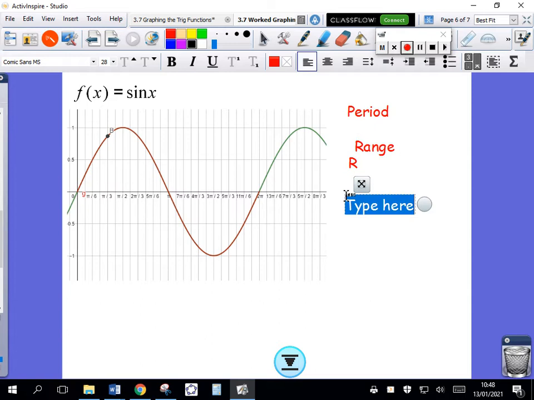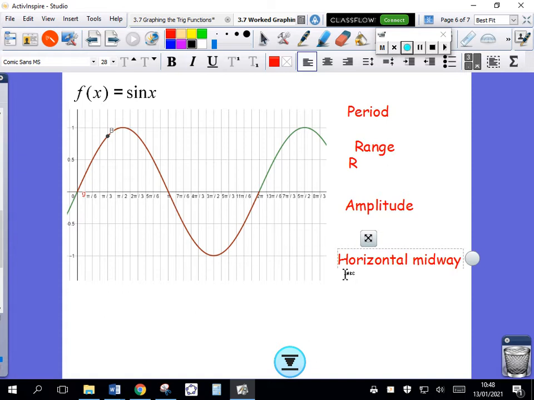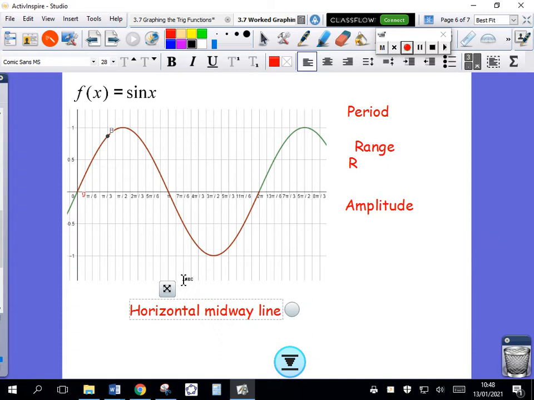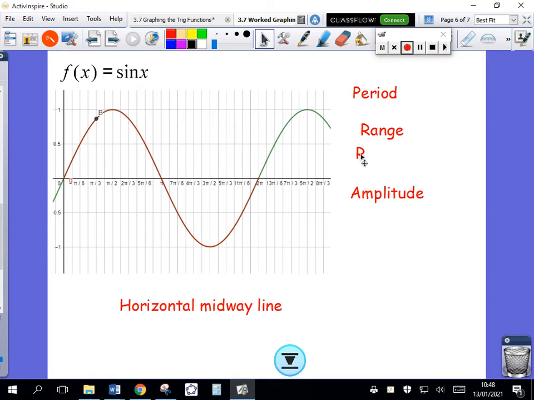You also have to know what's called the amplitude of the function. You also have to know the equation of what's called the horizontal midway line. Okay, so these are all important things that you have to be able to read.